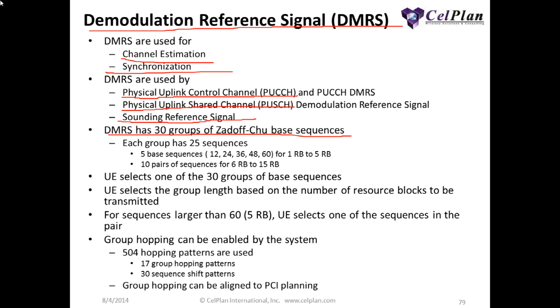So each group has a set of sequences with different sizes, and each time we select the size according to the number of resource blocks being sent.